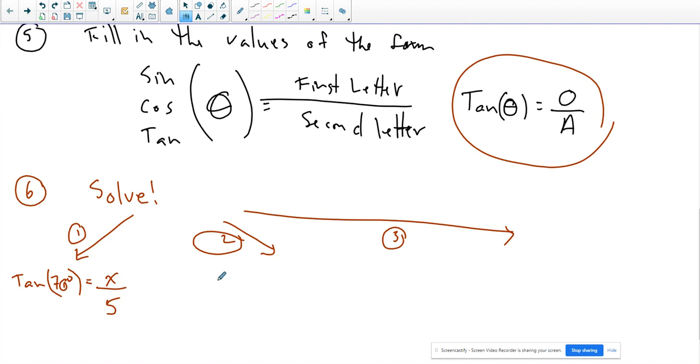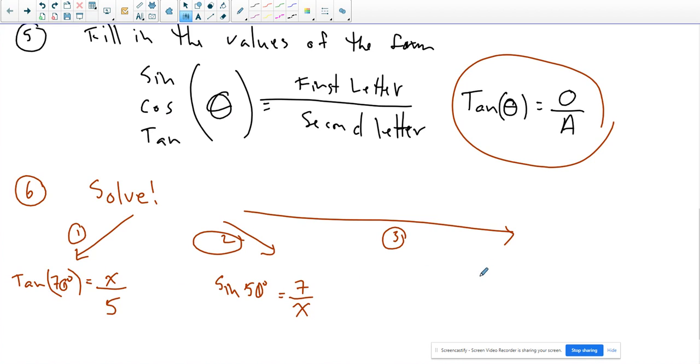Case 2 would be, let's say, imagine we had the sine of 50 degrees equals 7 over x. Now what we're looking for is in the denominator, and that's a bit more of a challenge. It's not wildly challenging, but it certainly is a bit more involved than the case that's over here.